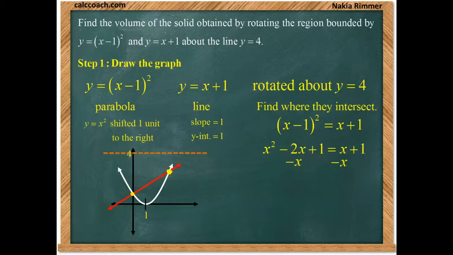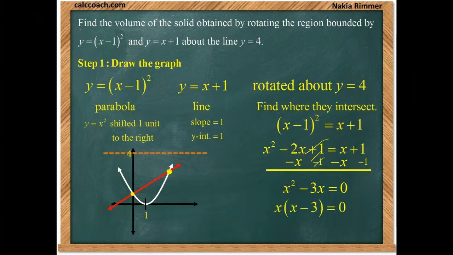Then subtract over the x, subtract over the 1 to have everything set equal to 0, and the 1's cancel each other out. You get x squared minus 3x equals 0. Factor out the x, you have x times the quantity x minus 3, so either x is 0 or x is 3. So we have 0 here, as my drawing shows, and 3 is the other place where they intersect.